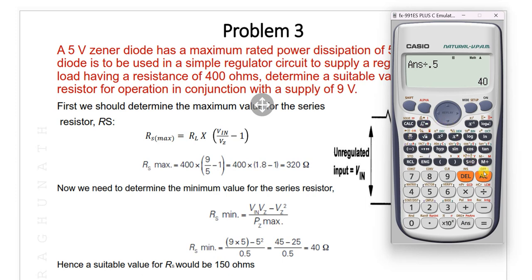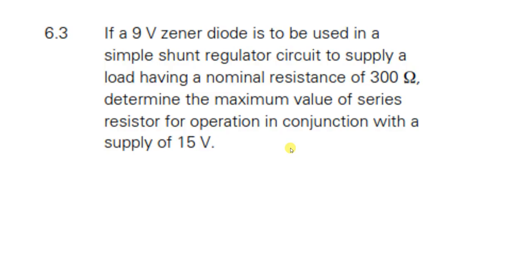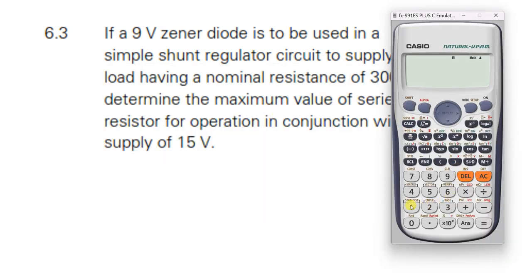Vin is 15, Vz is 9, minus 1, into RL. So the answer is 200 ohms. The answer for this problem is 200 ohm.